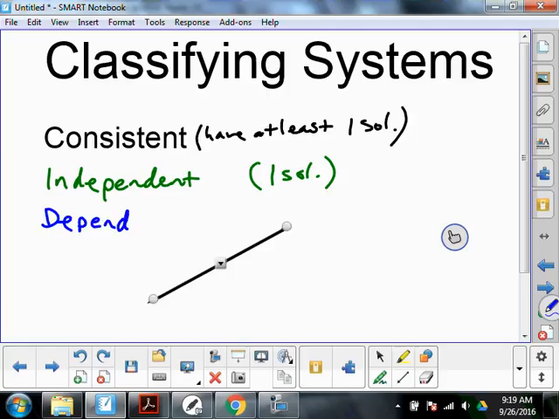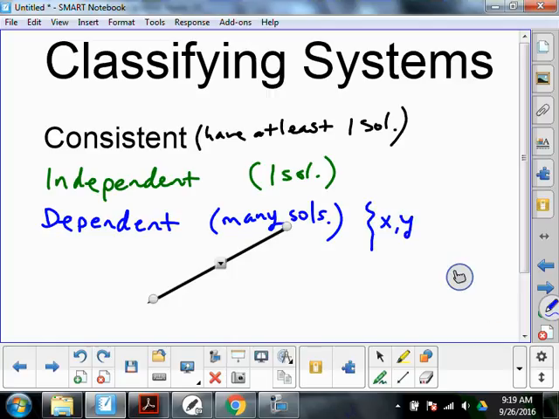So the deal with dependent systems is they have many solutions. In Algebra 1, that was good enough. In Algebra 2, we're going to take that a step further and write up the answer as all the points that are on the line.